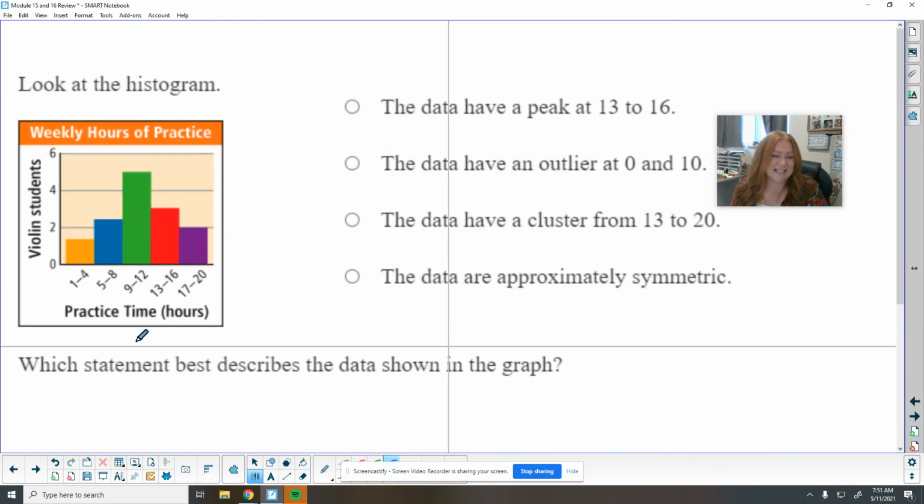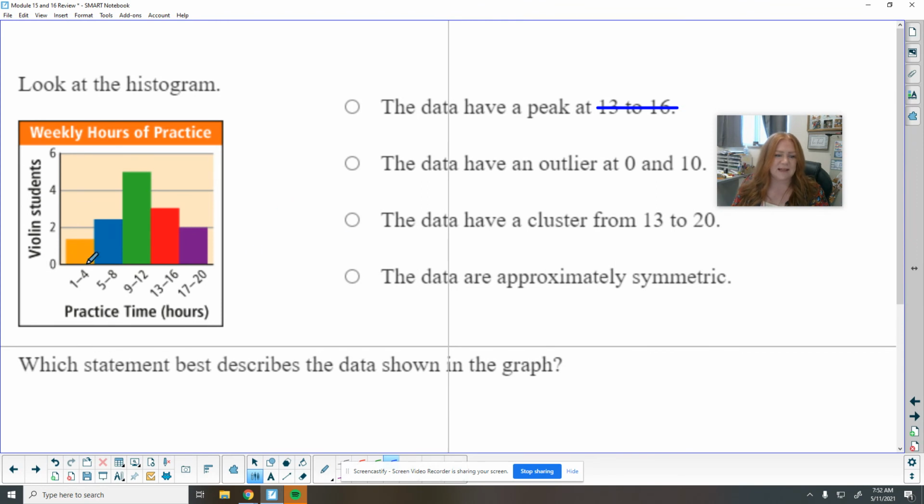Okay, so let's look at this histogram and decide which best describes our data here. So we can see our weekly hours of practice anywhere from 1 up to 20 hours for those violin students. Okay, so a peak at 13 to 16. So that is not the highest point. So no. There's an outlier from 0 to 10.